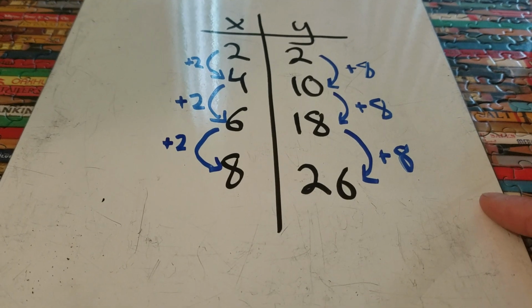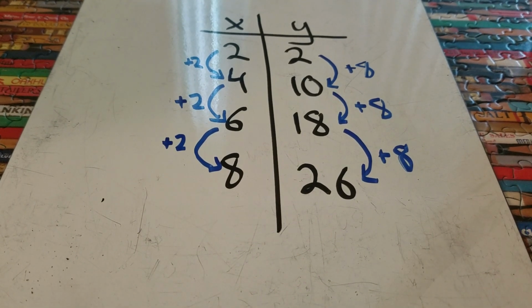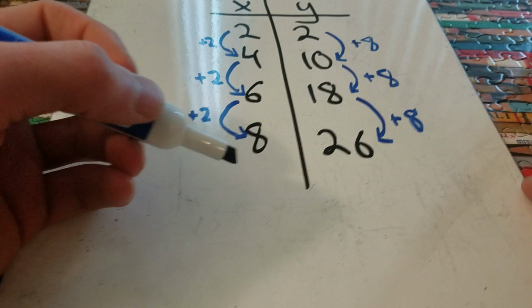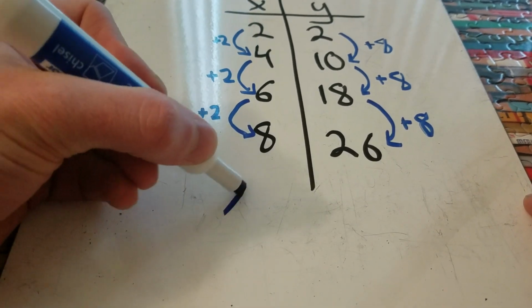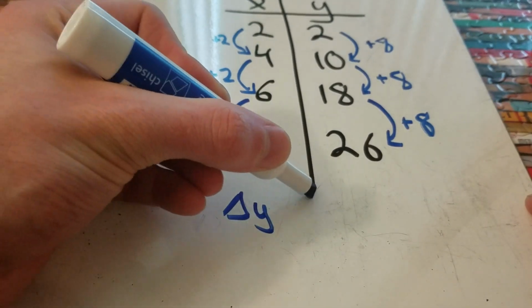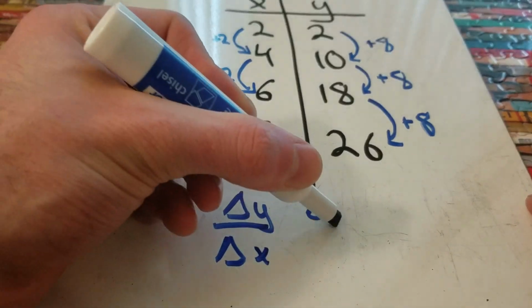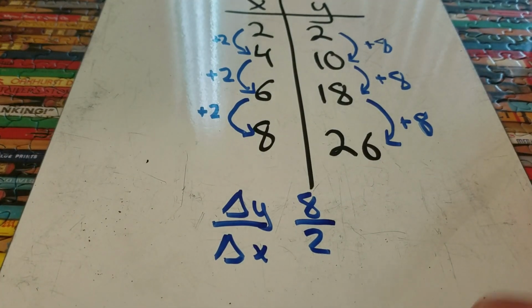So a little different this time because my x column was not just going up by ones. When I go to write my ratios of change in y over change in x, I'm going to actually have to simplify. So my change in y, they were all 8. My change in x, this time was 2.